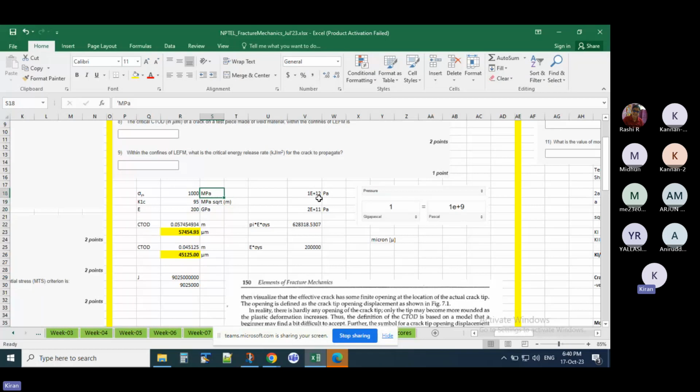I think sigma ys is in MPa. 1 GPa is equal to 1e9, that is correct. 1000 MPa is equal to?